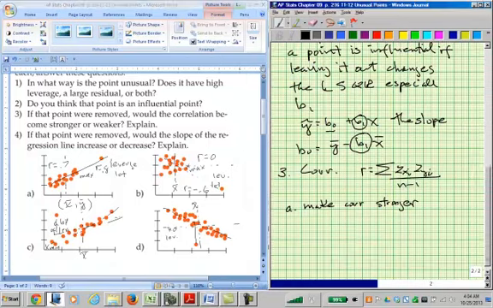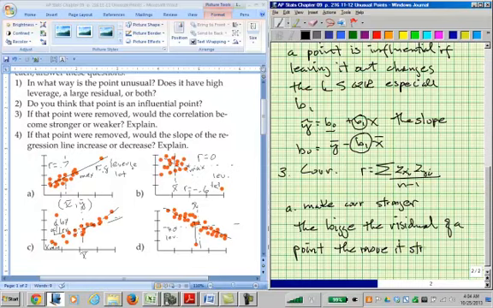Now, the bigger the residual of a point, the more it weakens correlation.